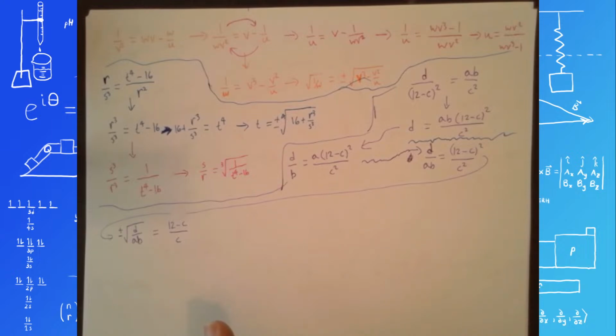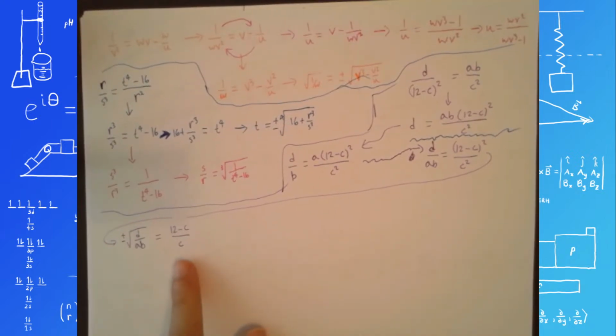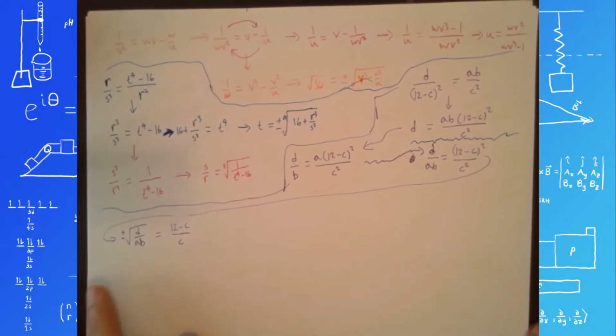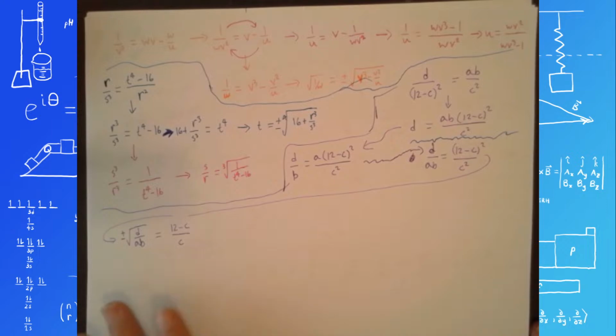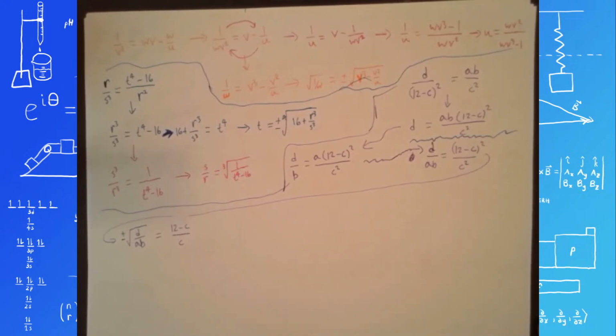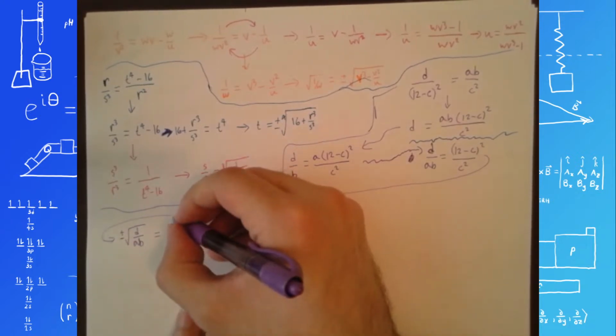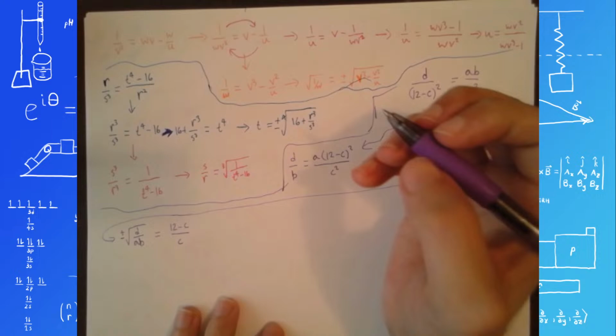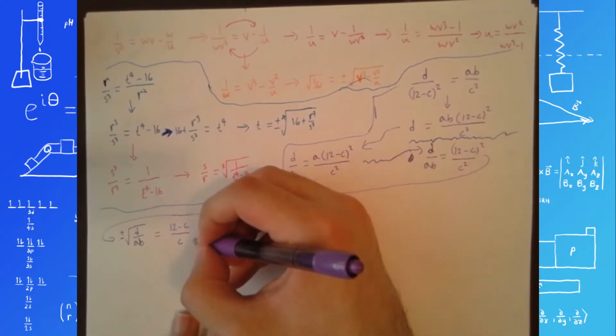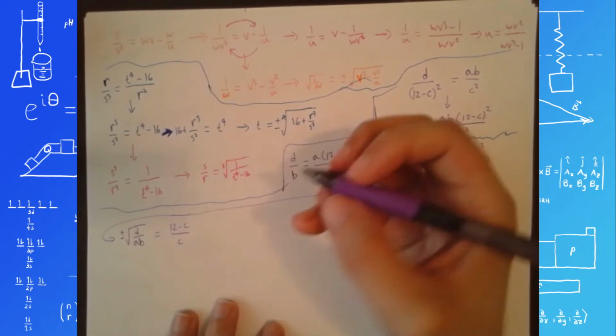If c is greater than 12, it has to be negative. So the plus or minus sign, I guess it wouldn't actually be necessary, because whatever 12 minus c over c turns out to be would dictate whether it's a positive or a negative. But I'll keep it for now, and if I realize later that having this is a problem, then I will point that out. Anyway, now we can multiply the c over to the left-hand side.